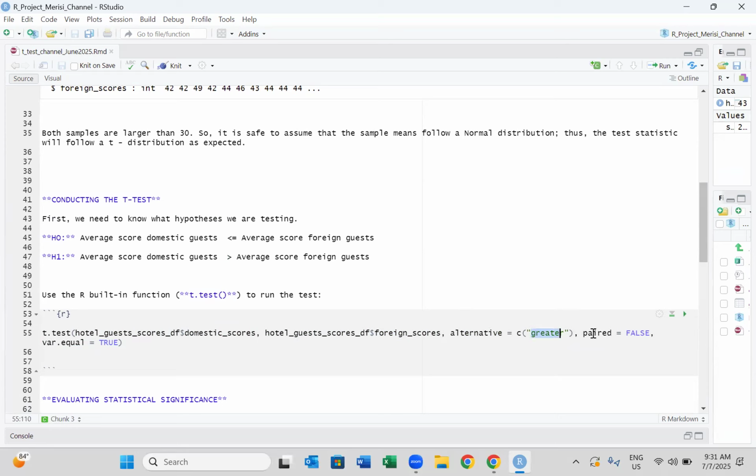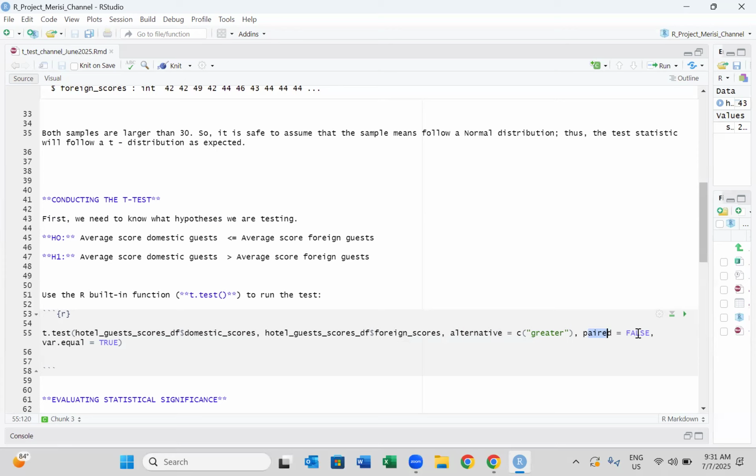The next argument is what kind of sampling you are doing. Are you doing a paired sampling or an independent sampling? In this case, we are not doing a paired sampling, so that's why I'm saying paired is FALSE. We are doing an independent sampling because we're taking independent, different samples from each population. We're taking a sample of domestic guests and a totally different sample of foreign guests, and then we're getting the ratings for both samples.